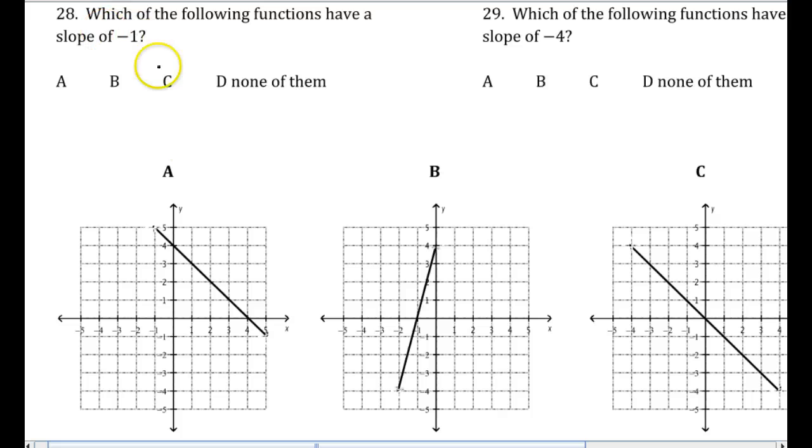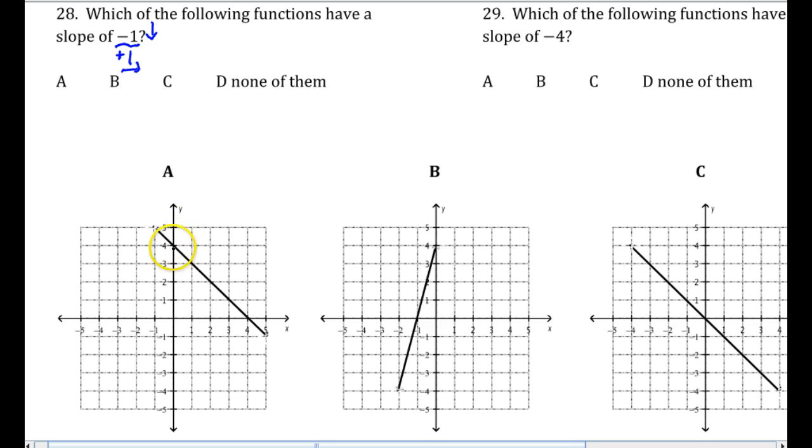Alright, which of the following has a slope of negative 1? Negative 1 will be going downhill from left to right since it's negative. And second, negative 1 means negative 1 over positive 1, so it's going down 1 and right 1.